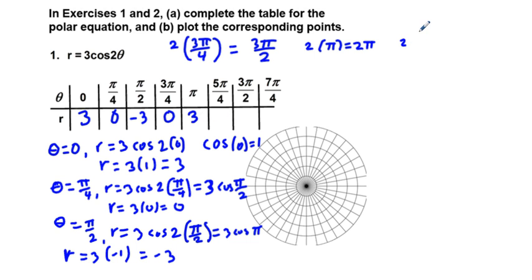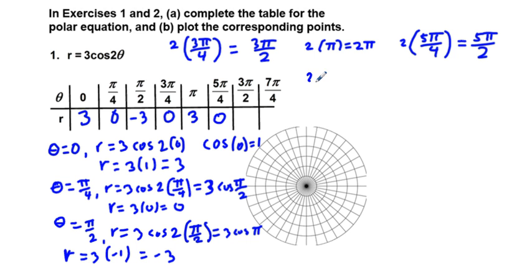Then for 5 pi over 4, 2 times 5 pi over 4 should continue with our pattern. It's going to be the same as 5 pi over 2. Now realize that we've gone around, so 5 pi over 2 is going to be coming back up here, and we're going to have 0.